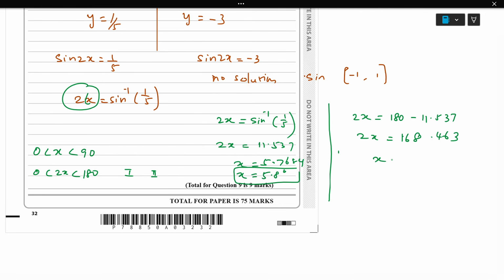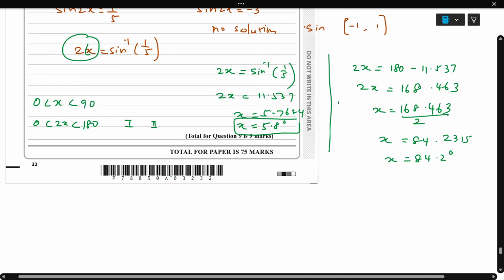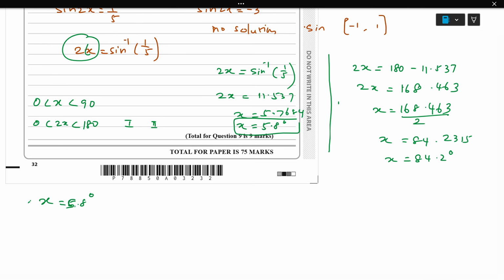So x equals 168.463 over 2, which is 84.2315. Rounding to one decimal place, that is 84.2 degrees. So the final answer is two solutions: x equals 5.8 degrees and x equals 84.2 degrees.